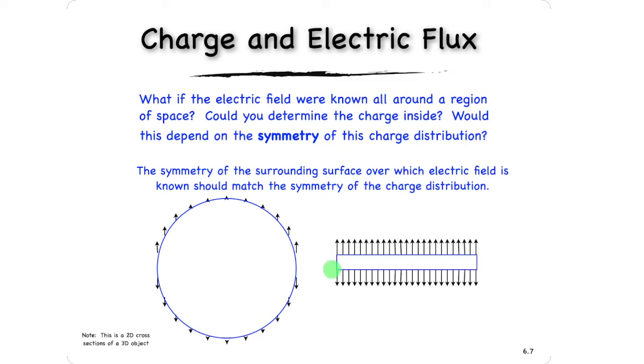But if we took a surface that is a rectangle here, and we knew these field lines passing through that rectangle looked like this, can you get any sense of what the charge distribution inside this rectangle might look like? Any thoughts? Hadia?